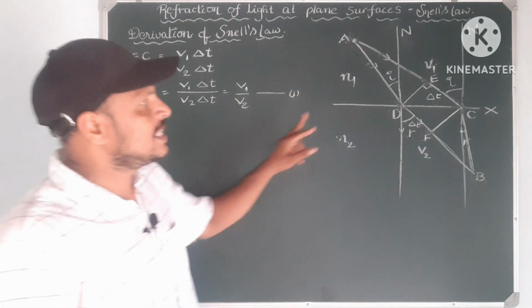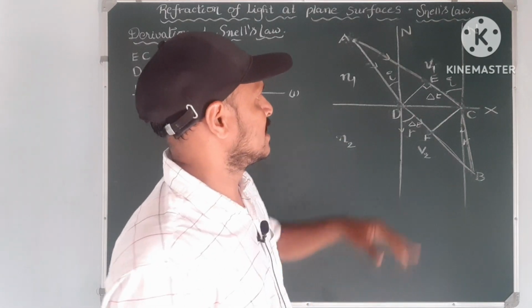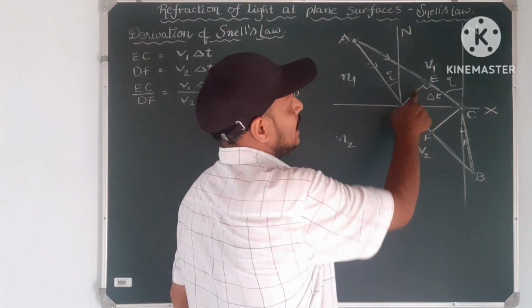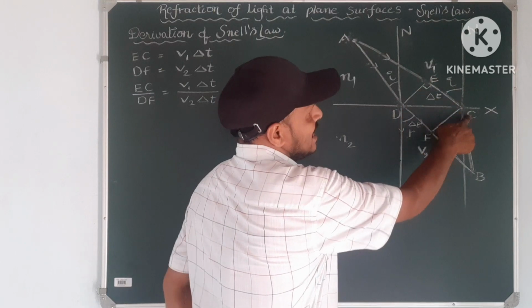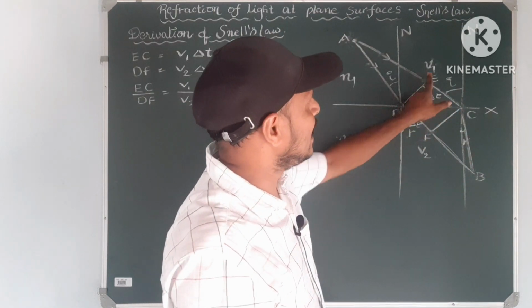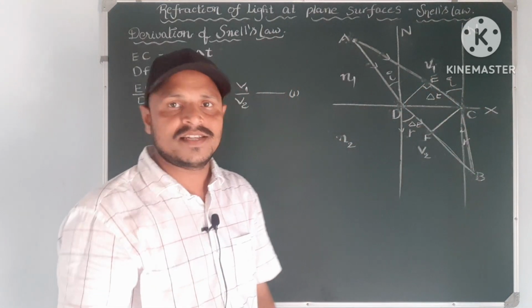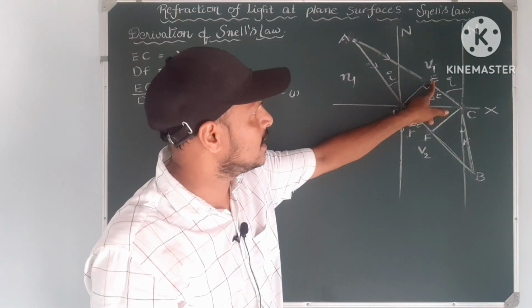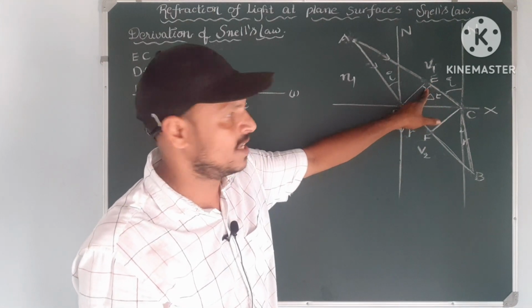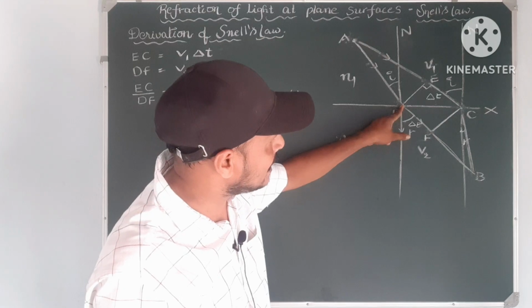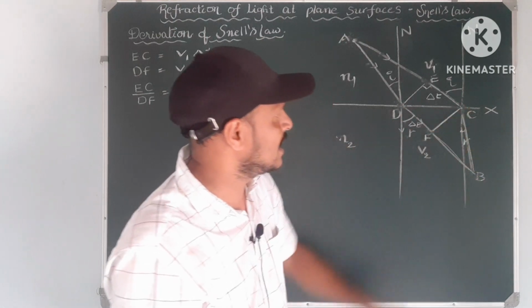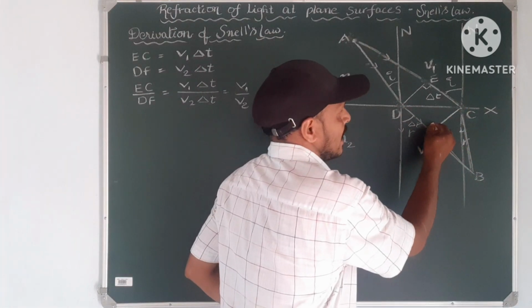Now let us see the angles and the triangles here. DEC is a right angle triangle because the angle is 90 degrees, and triangle DFC is also a right angle triangle.